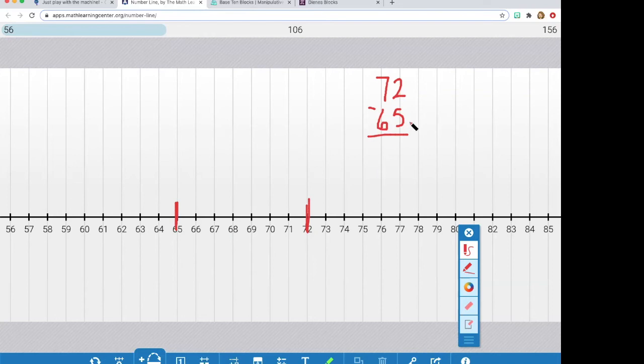But again, let's use Chrissy's strategy where she says, I want to make the subtrahend a friendly number. And whatever I do to the bottom, the subtrahend, I'm going to do to the minuend. And then I'm going to get 60, and 72 minus 5 would be 67.